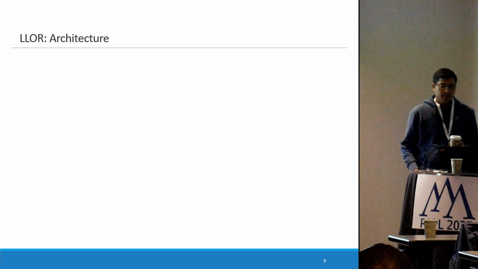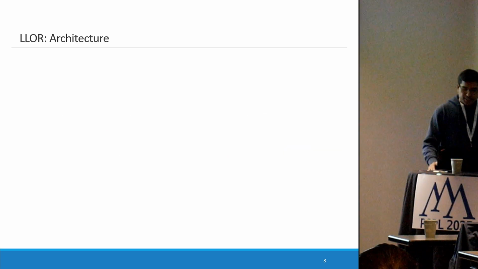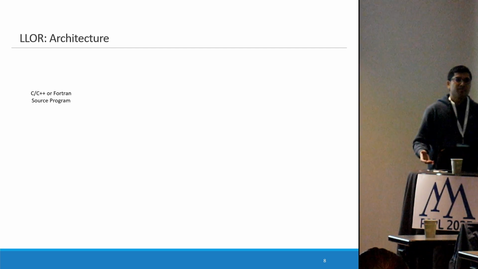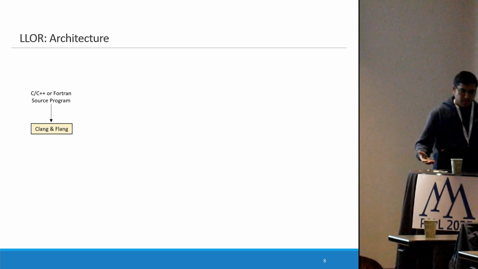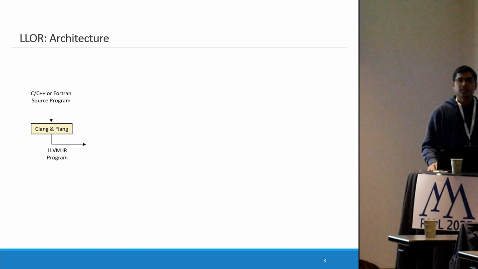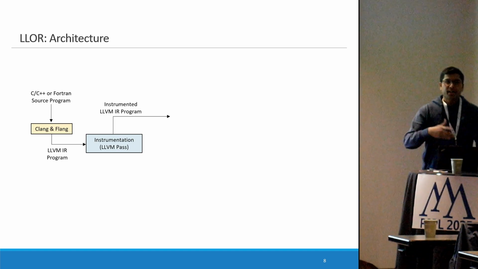So this is the architecture of LLOR. We can have OpenMP programs in C, C++, and Fortran. So we use the clang and flang front ends to generate LLVM-IR. LLOR has two components.